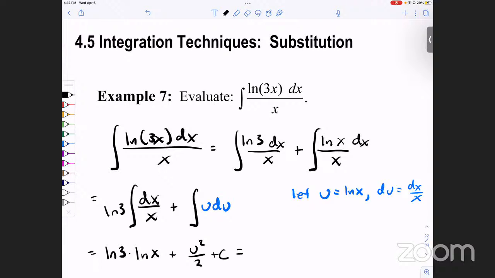So then ultimately it looks like we get the natural log of 3 times the natural log of x plus the natural log of x quantity squared over 2. This is fine for now. All right, I think this is enough.